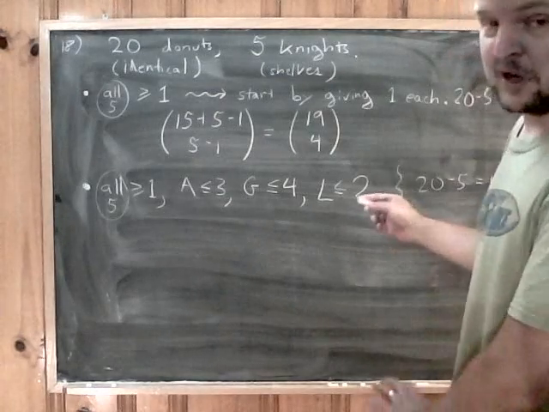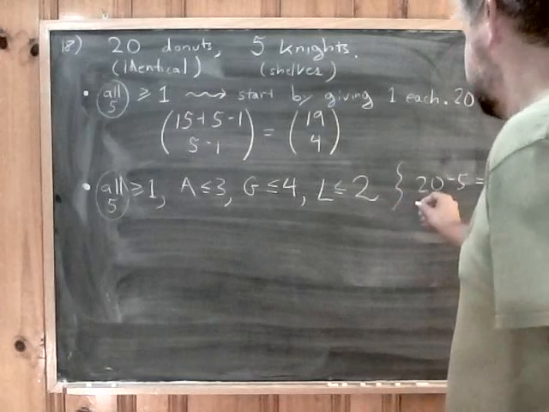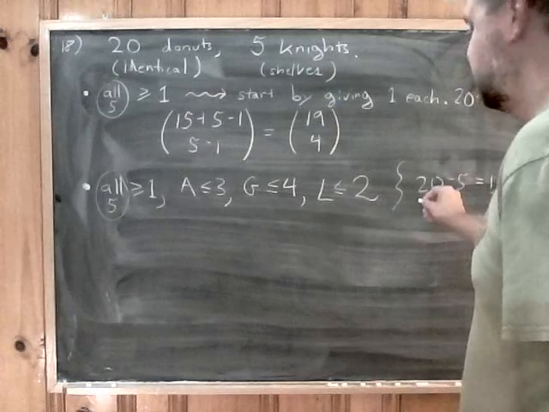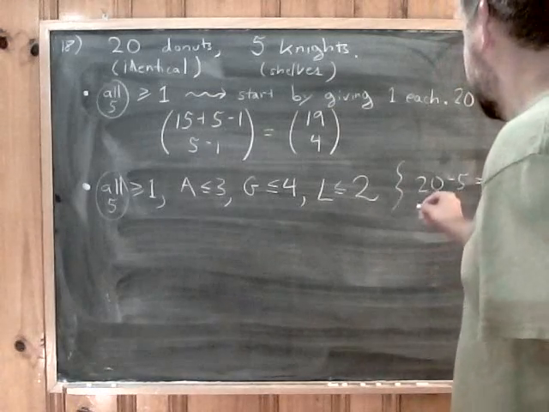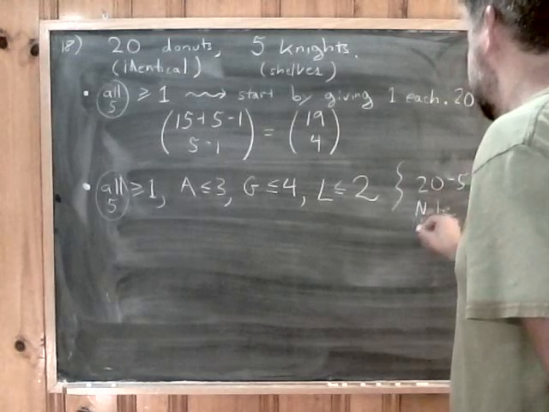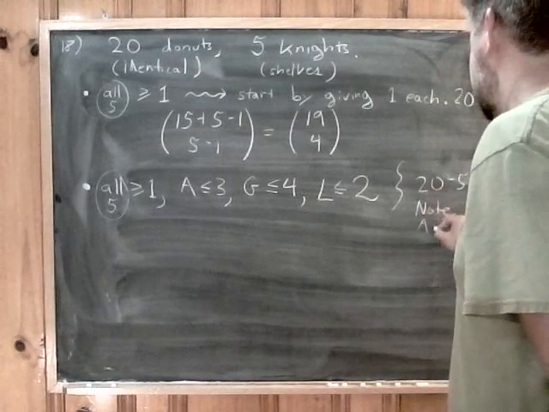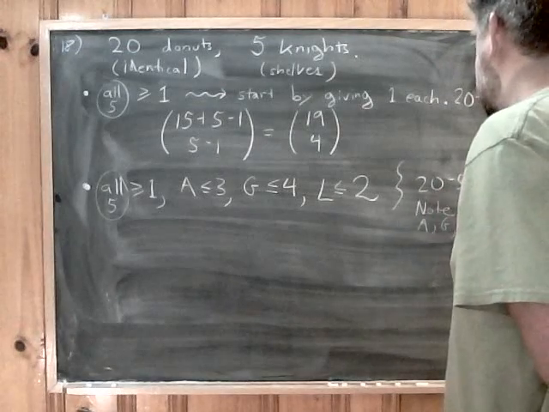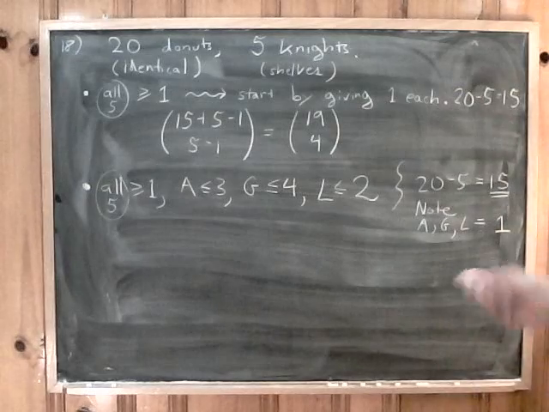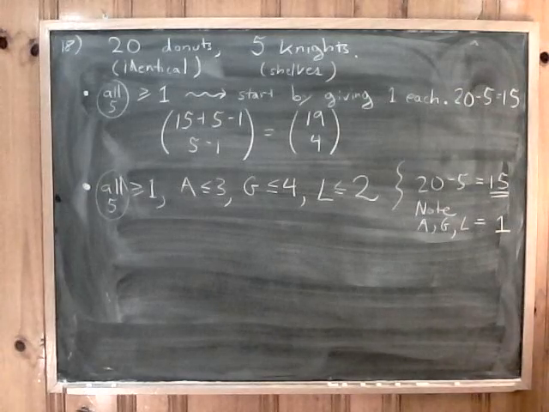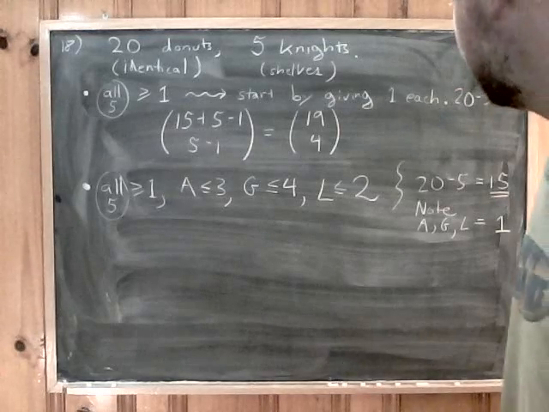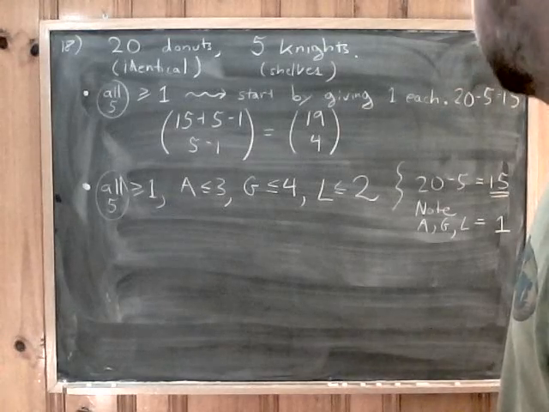So you can't have 3 on top of that 1. Just to keep track of that, you could draw a little picture of it, or make a little note. So A, G, and L equal 1 to start out with. They already have 1. Okay, now we can work it.